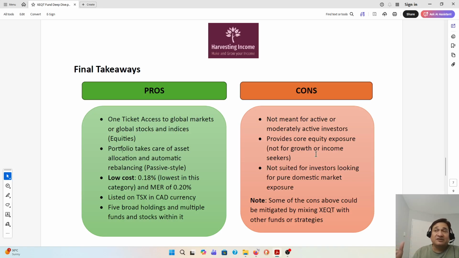Not to say that this fund is not good at all, but this is not meant for these types of investor profiles. There are some cons above which can be mitigated. For example, growth or income seeking investors can use this along with their other funds which meet their growth or income goals and combine it with this fund as well.